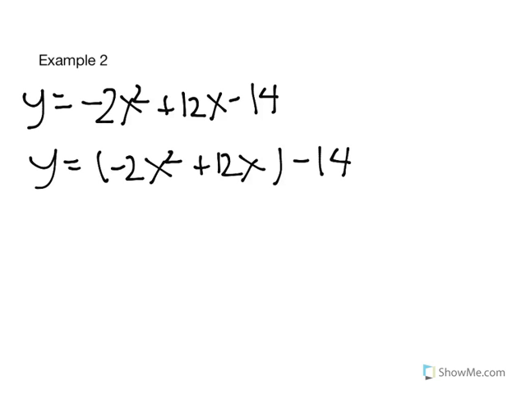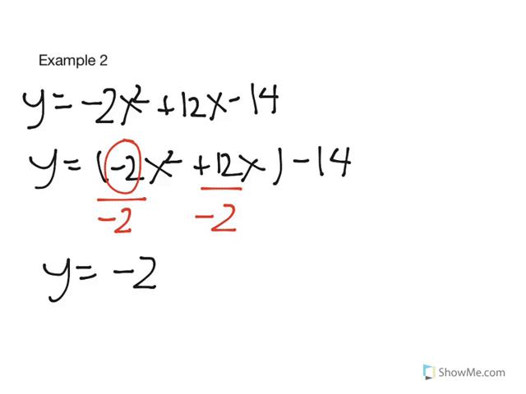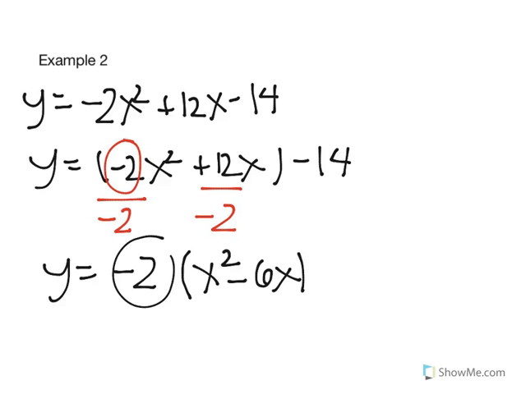For our third step, before we expand it, we need to factor out the negative 2 from the inside of the parentheses. So you have to divide that by 2. So now our negative 2 will be on the outside of the parentheses. So it will be negative 2 times (x squared minus 6x) in parentheses, minus 14 on the outside.